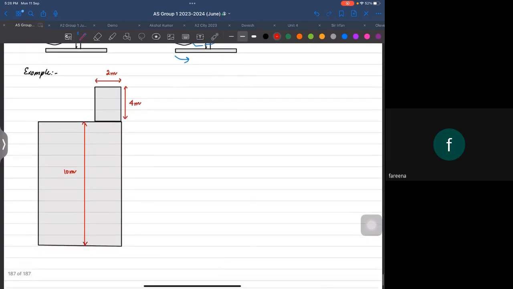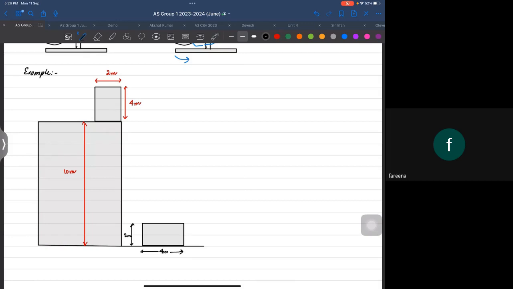So what happens then is that this box topples, and it falls on this other face, like that. And again, this face is obviously 2 meters, and that is the 4 meters.